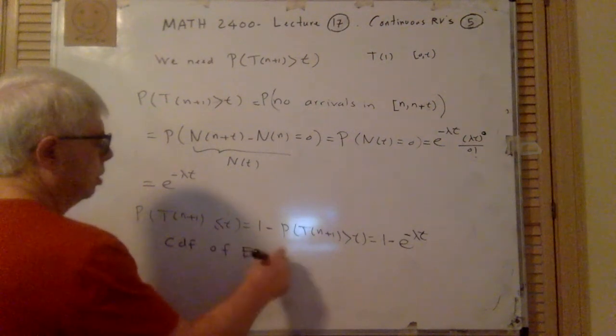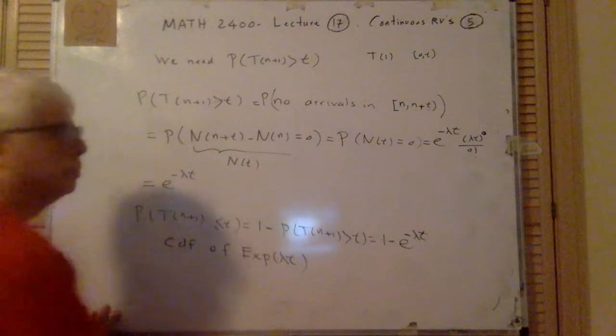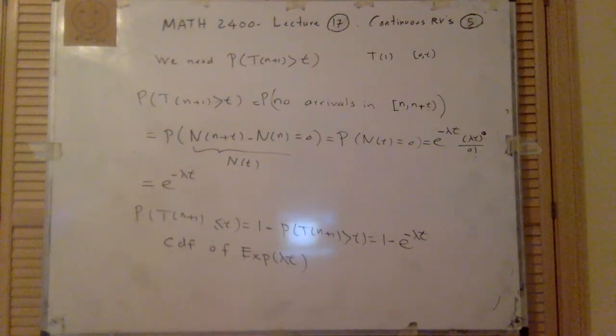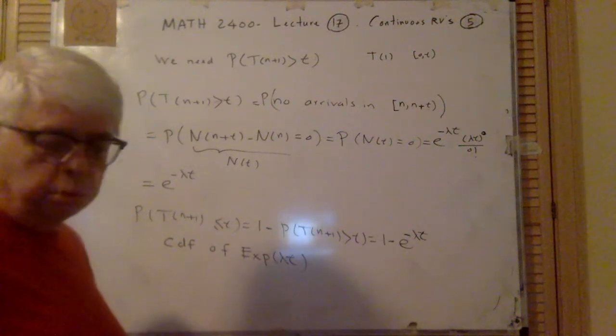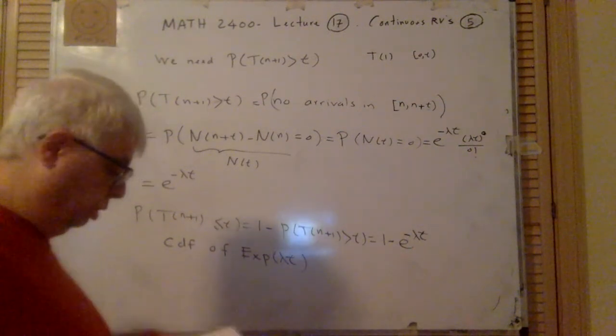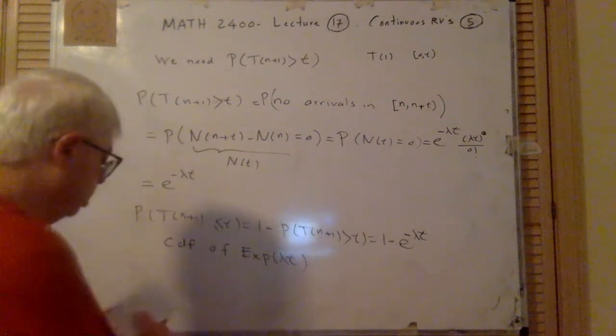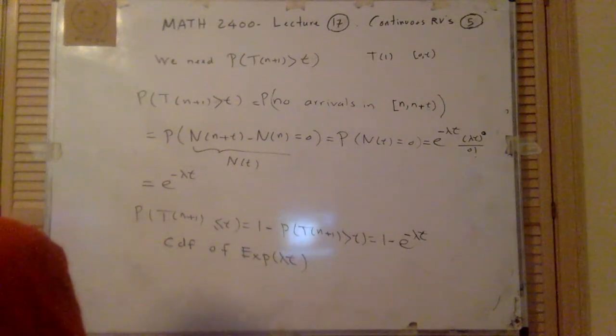Exponential lambda. Right? So that is in fact an exponential distribution. So each Ti is an exponential distribution.